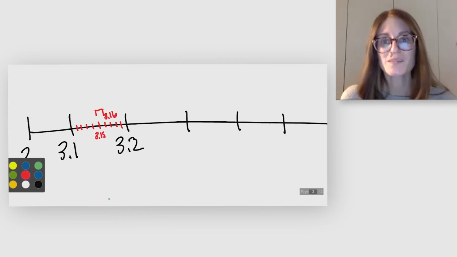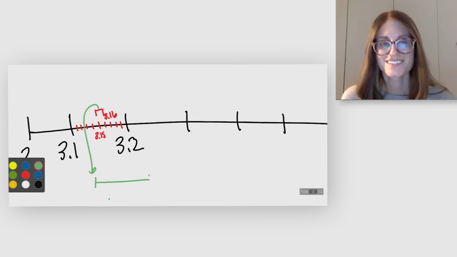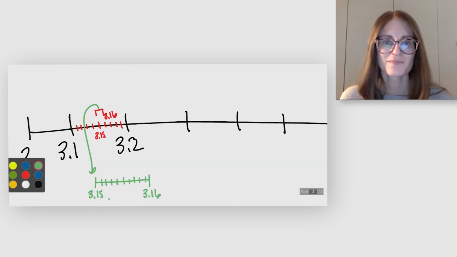When I split the space between these values again into 10 pieces, this number will lie 8/10 of the way between those two values. But 8/10 of the way between 3 and 15 hundredths and 3 and 16 hundredths represents 8/1000ths of the total space between 3 and 4, because I split this space into 10 equal pieces 3 different times.